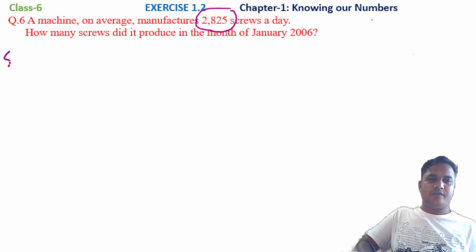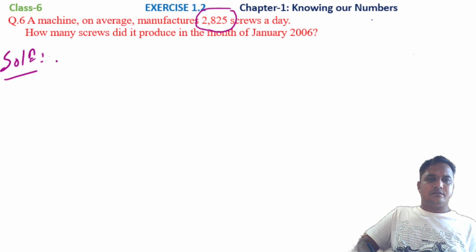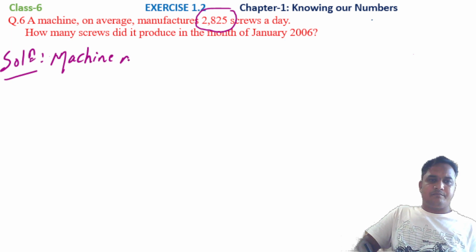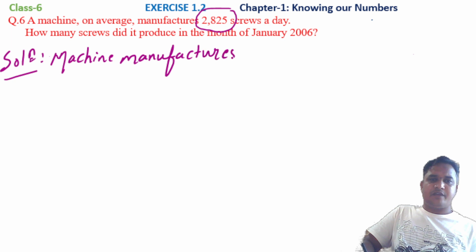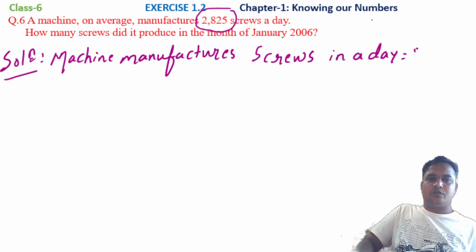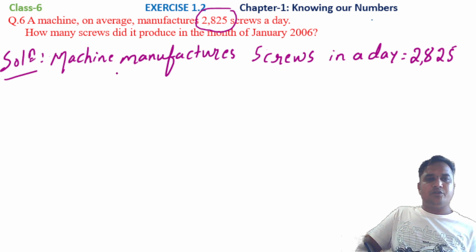To find this, what do we have to do? Simple question. The machine manufactures 2825 screws in a day, right? We have to find how many screws it produced in the month of January.